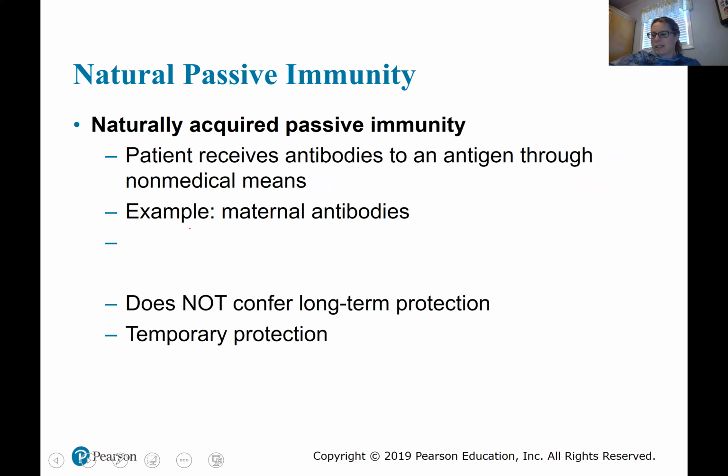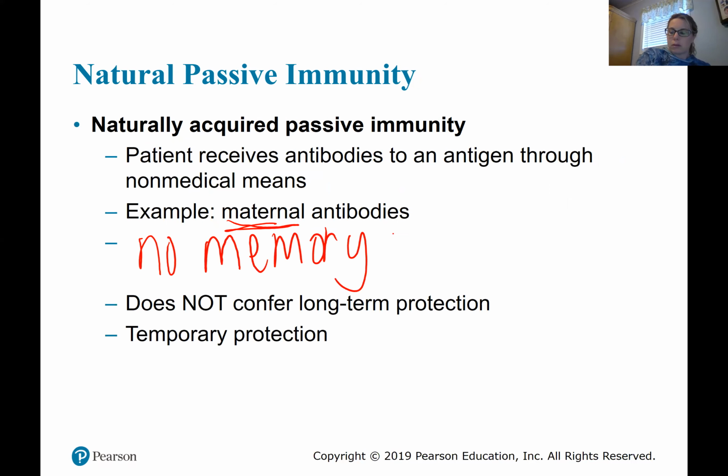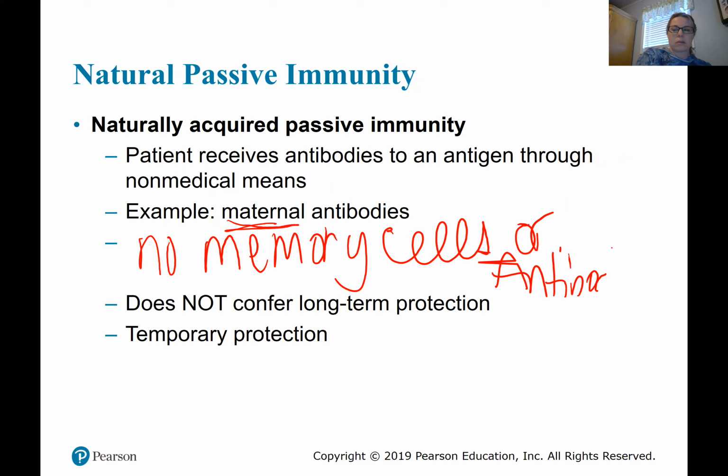Naturally acquired passive, where you get antibodies from someone else, like mom. There's going to be no memory cells or antibodies made by you. Remember the half-life of those antibodies, the longest one was what, 21 days?